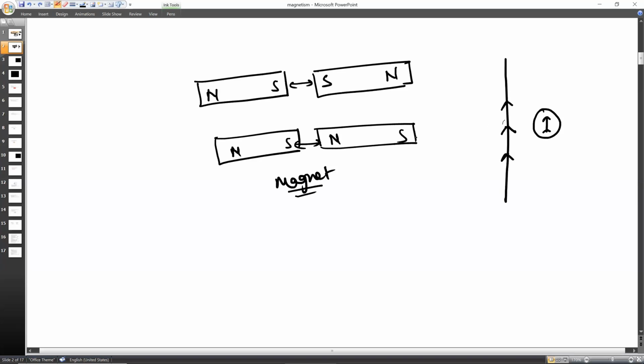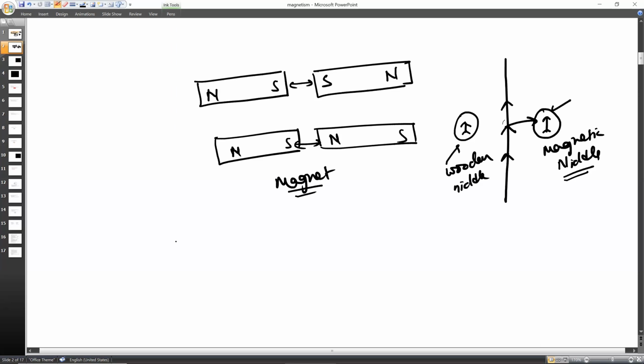Understood? Otherwise, if it is not a magnetic force but some other force, then if we put a wooden needle, the wooden needle should also deflect. This is a wooden needle, and this is a magnetic needle. Only the magnetic needle is deflected, the wooden needle is not, which means there is a magnetic force exerted here.